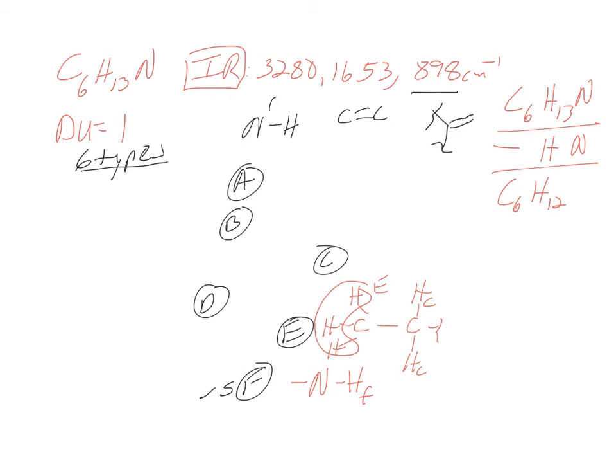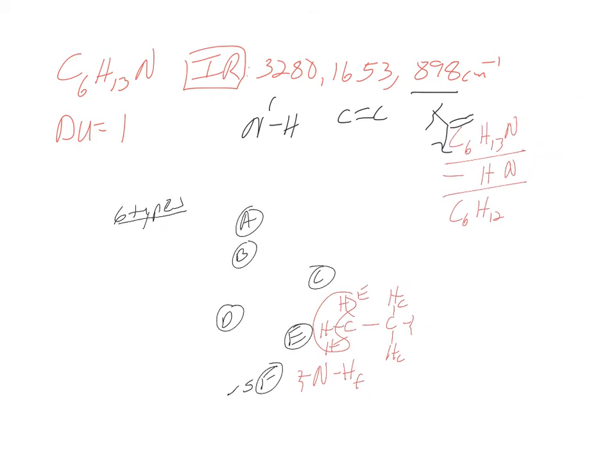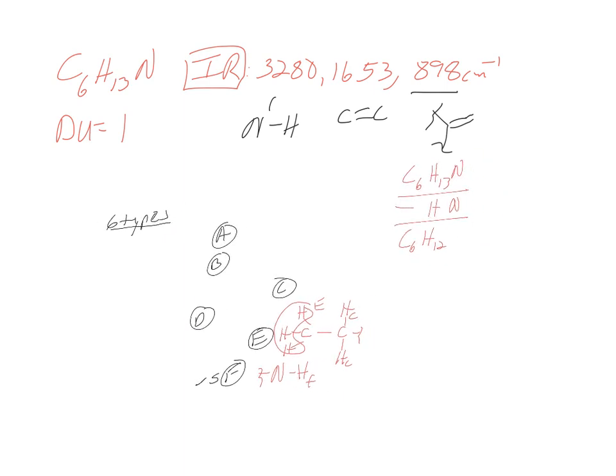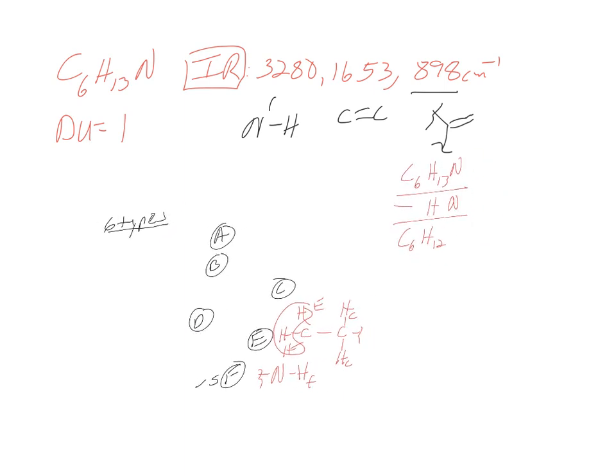I don't know what's on the other side there. So we can subtract that part from our formula. That was worth C2H5. So we have C4H7 left over. We can check off F, E, and C.